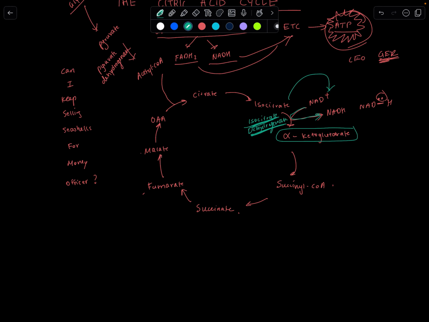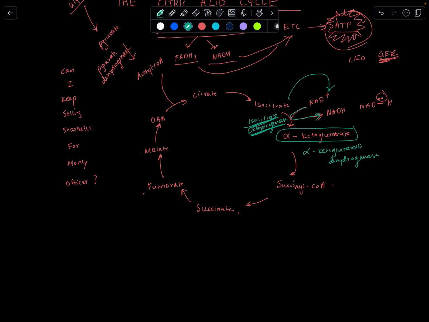All right, now we're going to go from alpha-ketoglutarate to succinyl-CoA. And this is going to be catalyzed by alpha-ketoglutarate dehydrogenase.